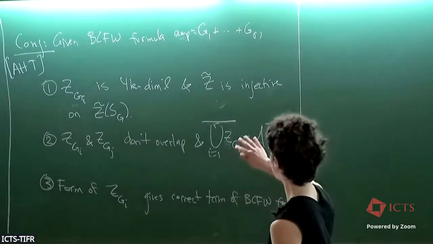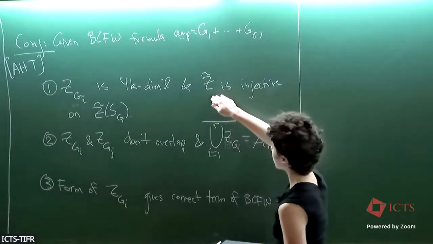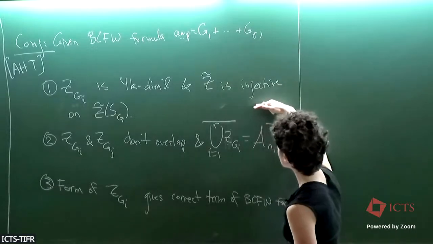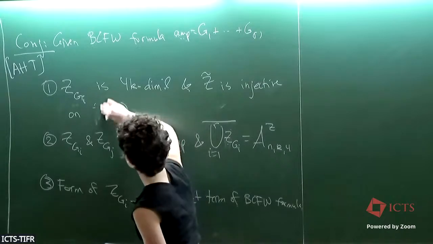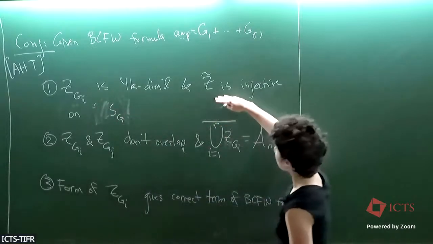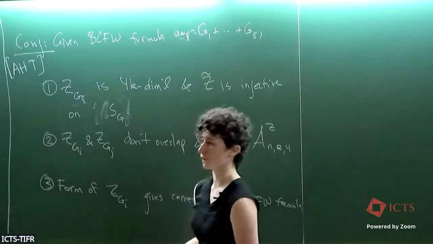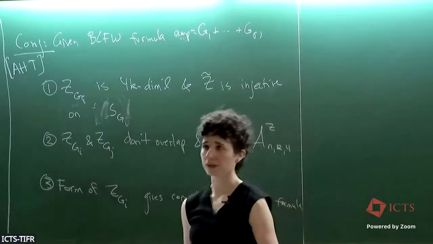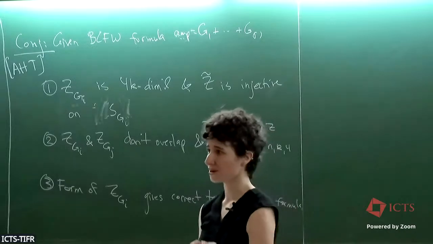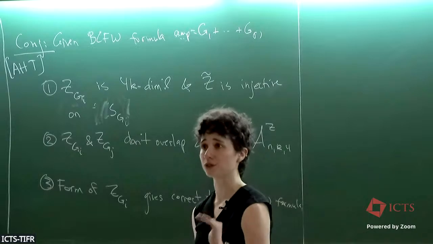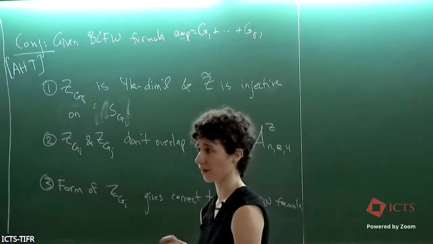There's one new thing that has happened, which is that I asked for the condition that Z tilde is injective on this particular positroid cell. Injective means one-to-one. So what it means is that the Z tilde map is not doing any squishing on that particular cell.